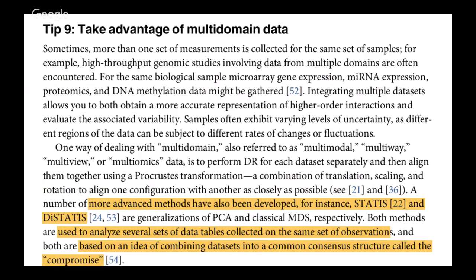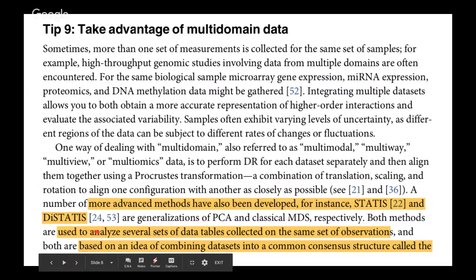One way of doing this is to correct for every one of them and then apply some sort of adapted PCA, but there are methods nowadays that can be applied directly. For example, STATIS and DISTATIS.